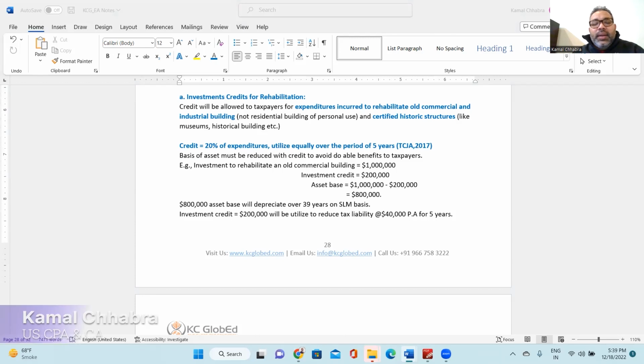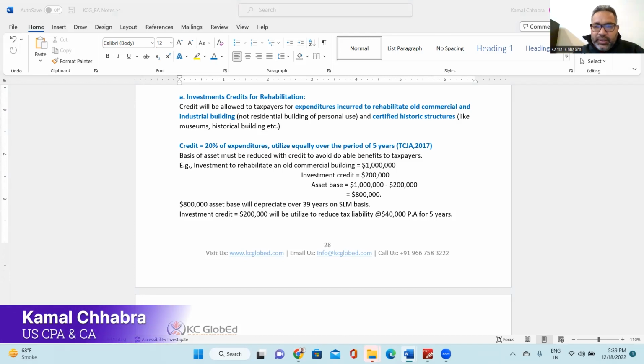Then if you are availing this $200,000 tax credit, you need to reduce the asset base, because you cannot take double tax benefits. If you keep the same asset base, you will also be taking the depreciation benefit. So if you are taking the tax credit, you should not claim depreciation expense on that amount.